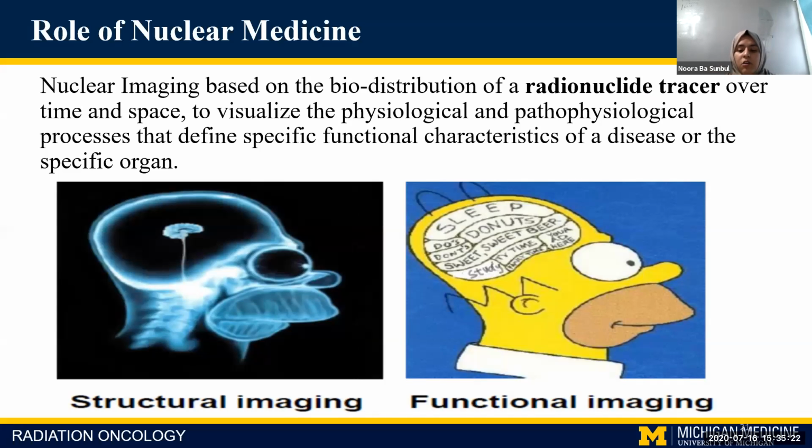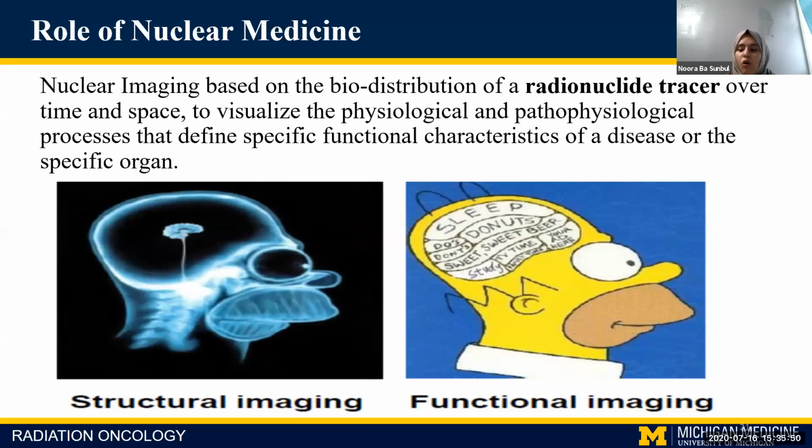In regular radiation imaging, you are actually visualizing the anatomical structure of the part of the body that you are interested in imaging. However, in nuclear medicine, what you are looking at is the biodistribution of the radionuclide tracer in real time and in space in order to locate and visualize any differences in physiological or pathophysiological changes in, for example, a specific organ.